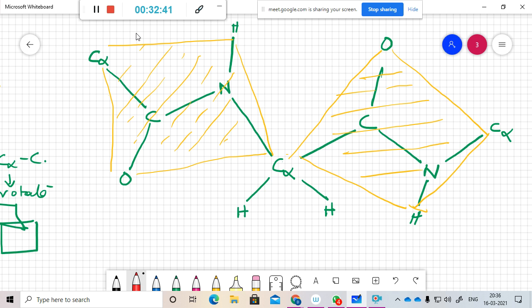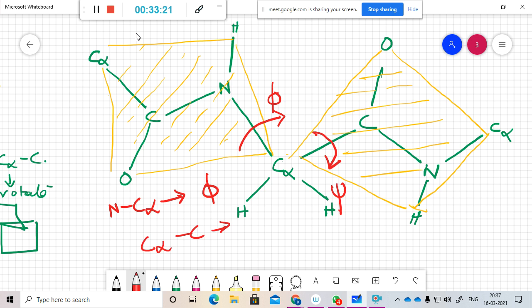So this angle, phi, and this angle over here, the N C alpha, this is this phi bond, and this rotation over here, that is C alpha C, this is known as psi. So these angles are psi.